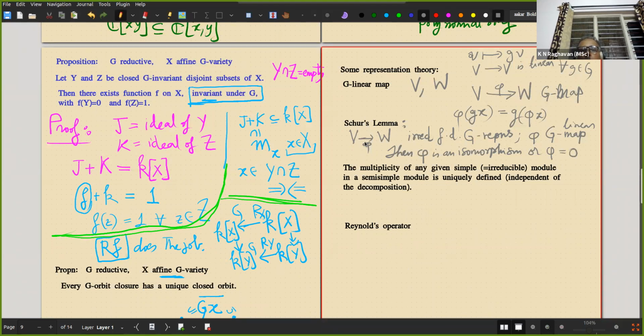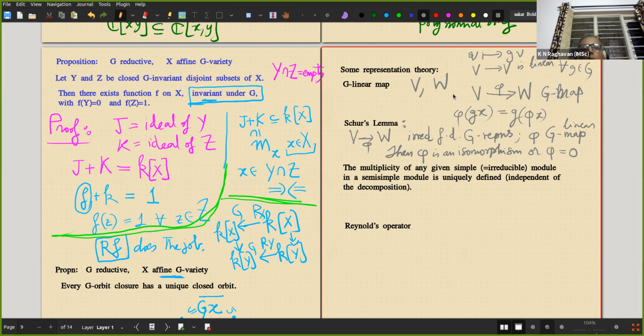But the kernel is a G invariant space, so it can only be 0 or V. If it is 0, then that means φ is injective. If it is the whole of V, then φ is 0. Similarly, the image is either the whole of W or it is 0. If it is 0, then of course the map is 0. And if it is the whole of W, then it means it's surjective.